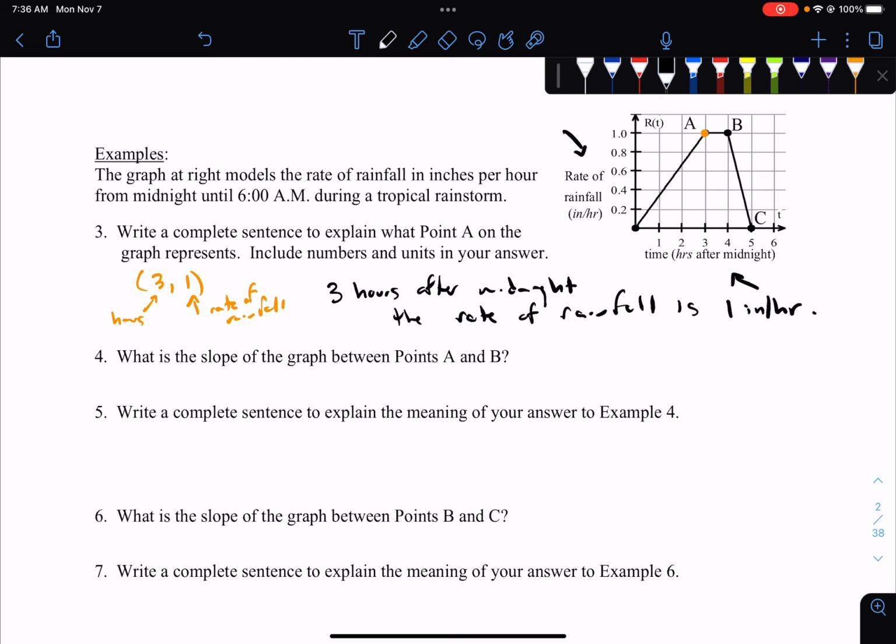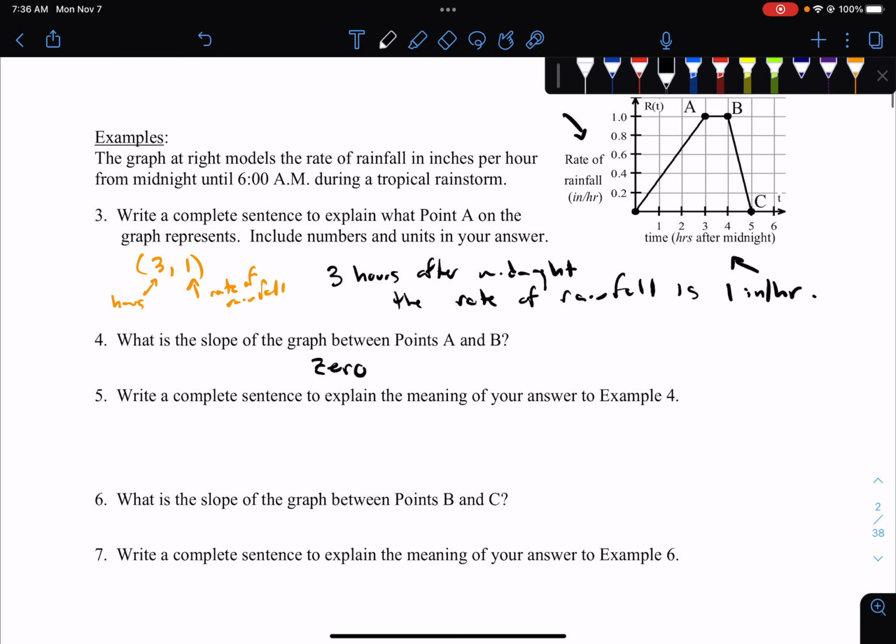What is the slope of the graph between points A and B? So this time it wants to know what is the slope right here in between A and B. That's really easy, right? That's just 0. The slope is 0 in between A and B. Write a complete sentence to explain the meaning of that answer.